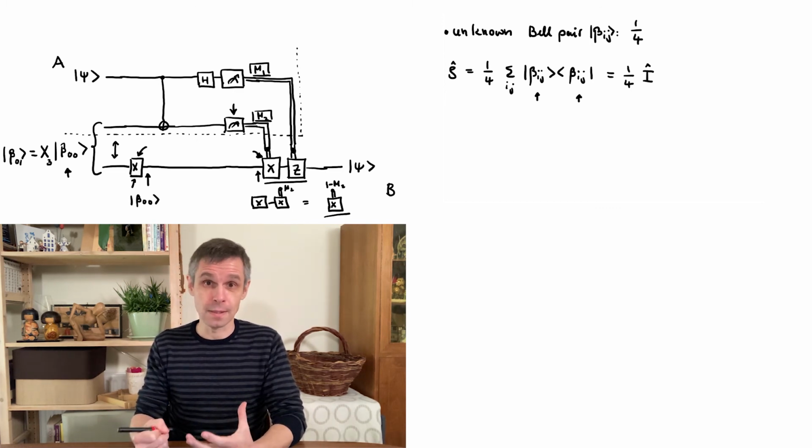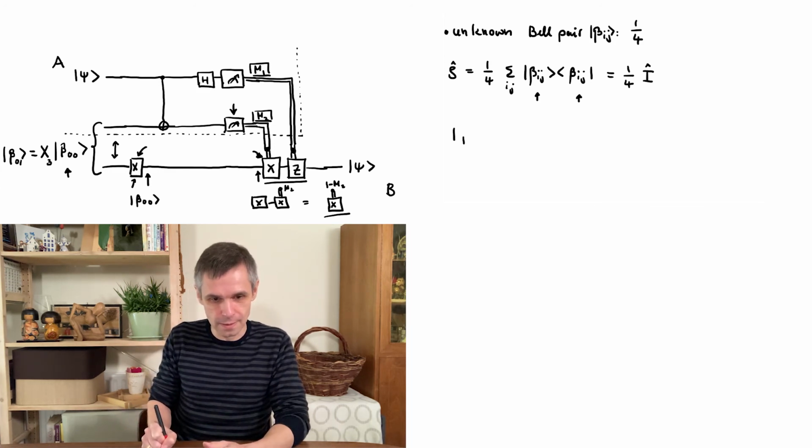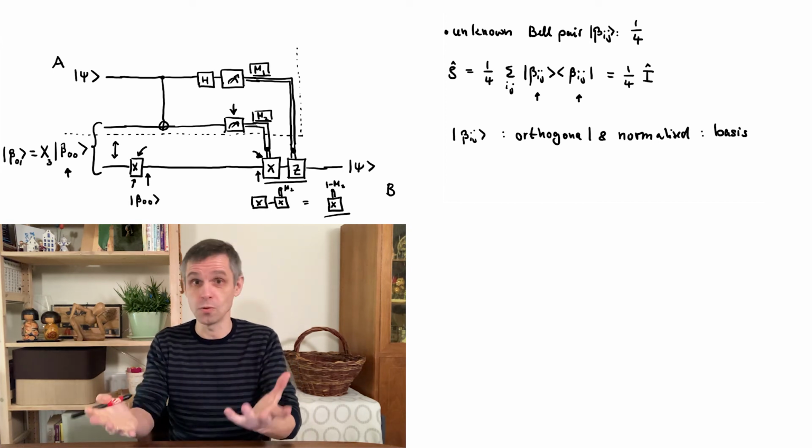But another way to see this very directly is to see that all the Bell pairs indeed are orthogonal to each other, and they are also normalized. So they indeed form a complete basis because there are also four of them.